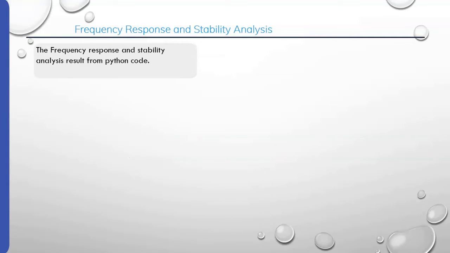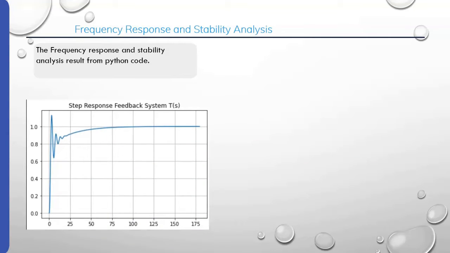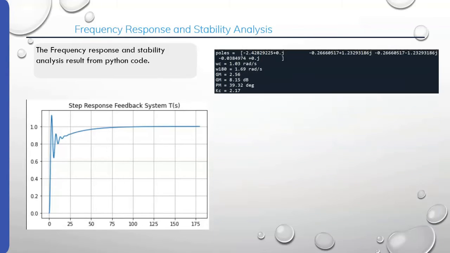So I can show you some of my Python program analysis results. Here is my result and the step response of the feedback system, which I get from my Python script. And these are the values from my Python code, where, as you have seen, the poles are all negative and imaginary, so they exist on the left side of the imaginary axis.